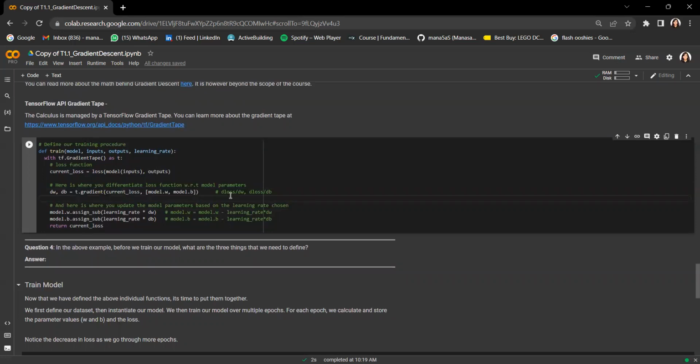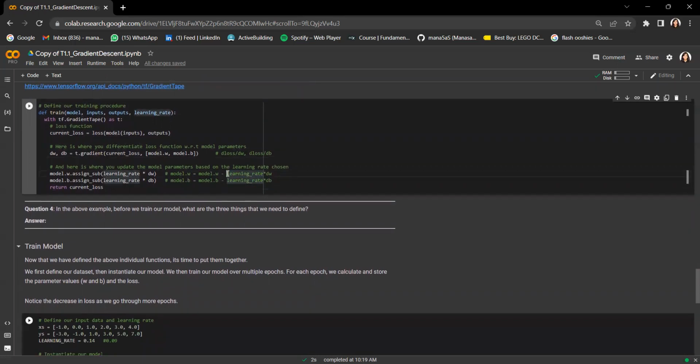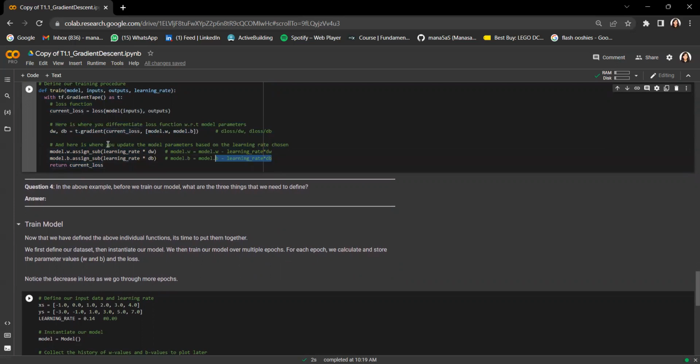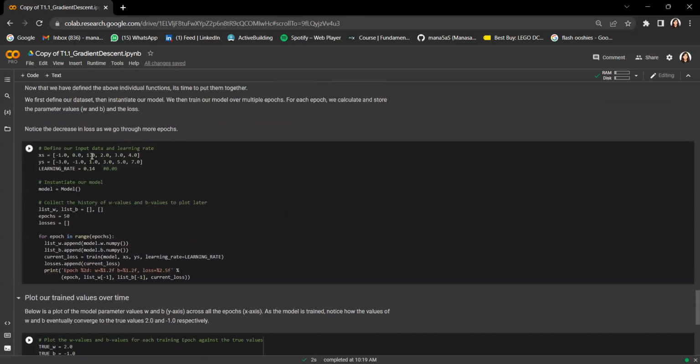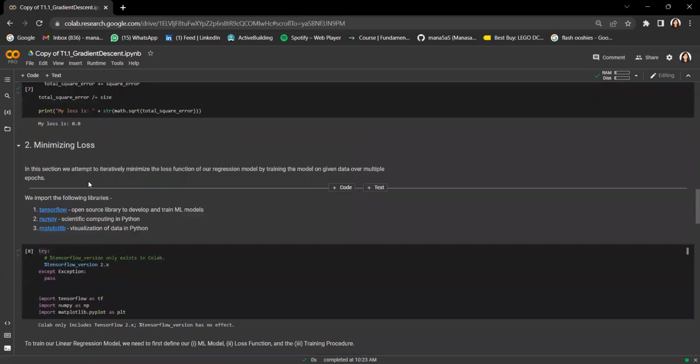If it's too small, then it would take too long to converge to our actual values of W. So learning rate is a very important hyperparameter in neural network training. Yeah, so this is our train function. It returns our loss, but essentially what it's doing is calculating gradients and updating our W and B values. Next, let's go ahead and run these.